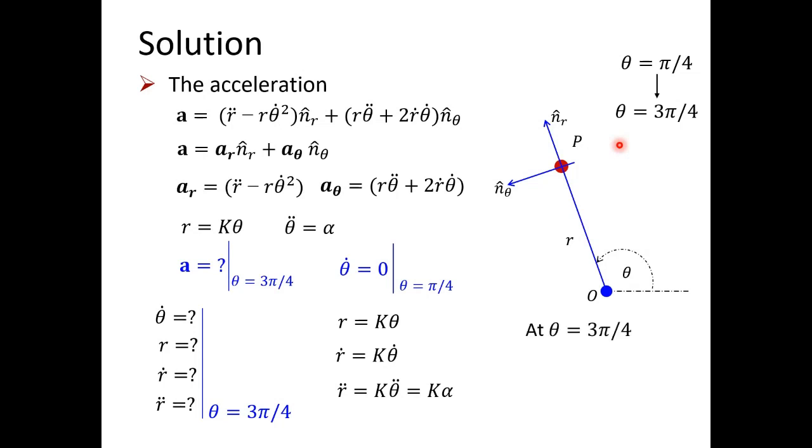So at theta equals 3 pi by 4, r becomes k times 3 pi by 4, and r double dot, we know, is k alpha. But to find r dot, we need to know theta dot. So the next mission has to be to find theta dot.